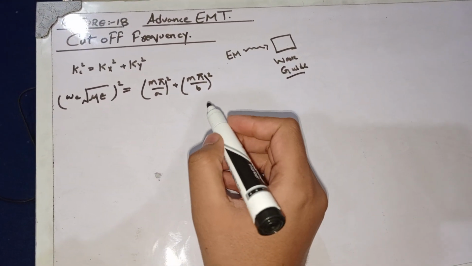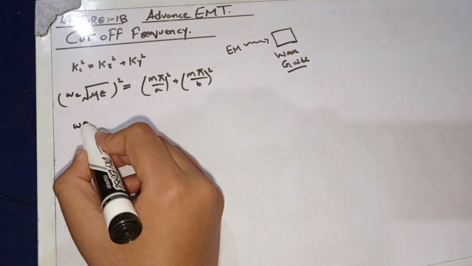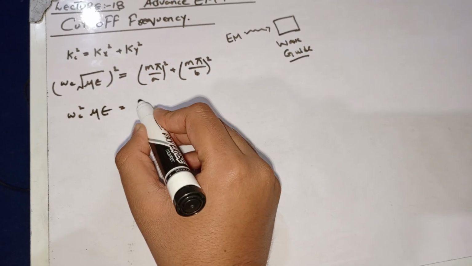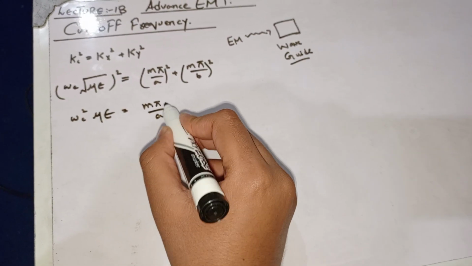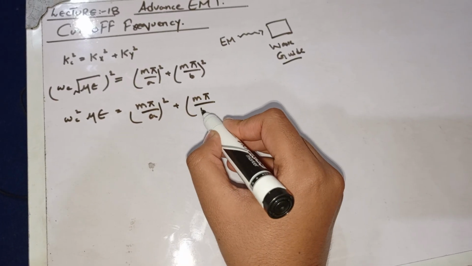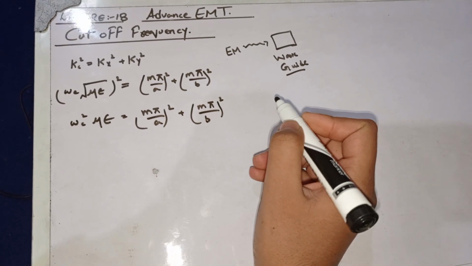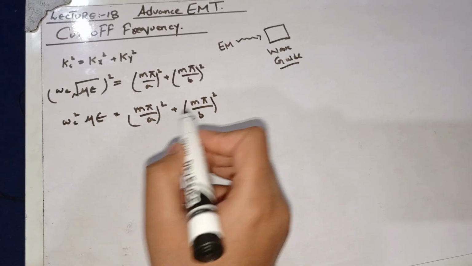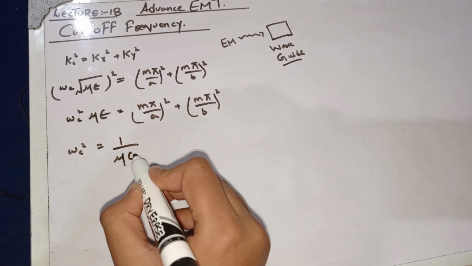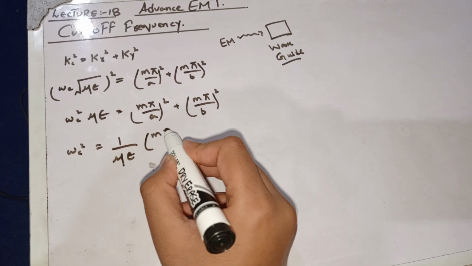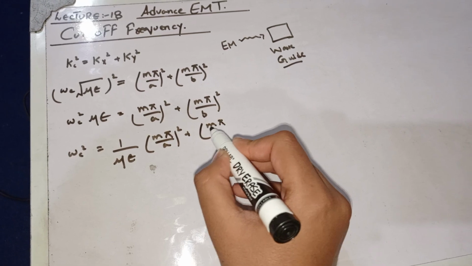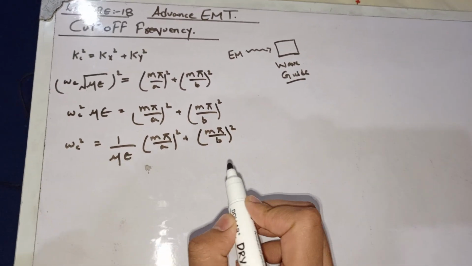We already found this, and by taking the square, omega c square mu epsilon becomes equal to (m pi by a) square plus (n pi by b) square. Now you have to move this to the other side, so omega c square becomes equal to 1 by mu epsilon times (m pi by a) square plus (n pi by b) square.